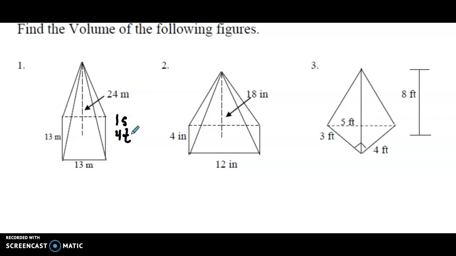And that's what makes this a pyramid. The fact that there are mostly triangles makes it a pyramid, and the shape with 1 is always your base. So if you have 2 of something, it's a prism. If you have 1 of something, it's going to be a pyramid. So this is a square pyramid.